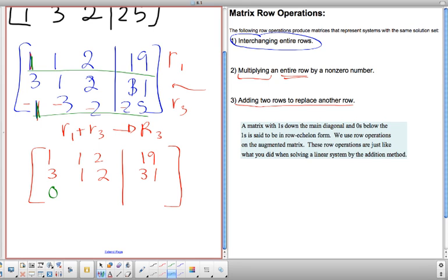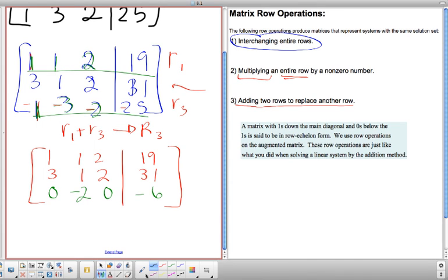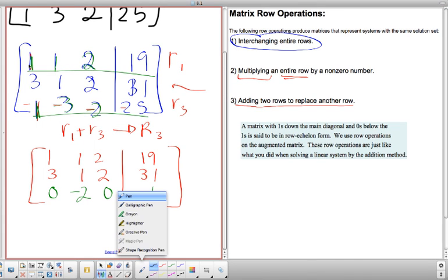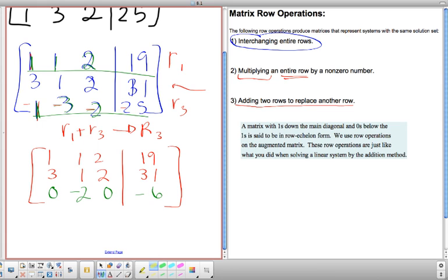Negative 3 and 1 make negative 2. Negative 2 and 2 make 0. And on the right, 19 and negative 25 make negative 6. So again, all I did was add the top and the bottom equations, the ones with the negatives.